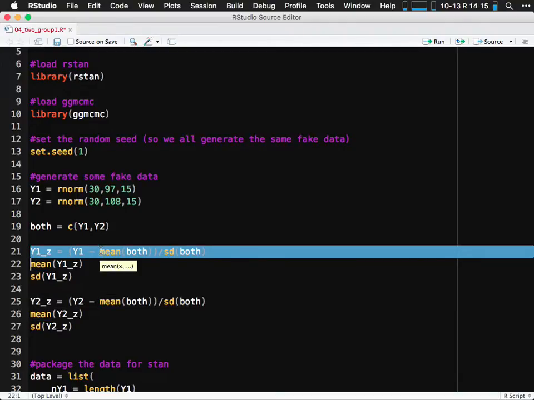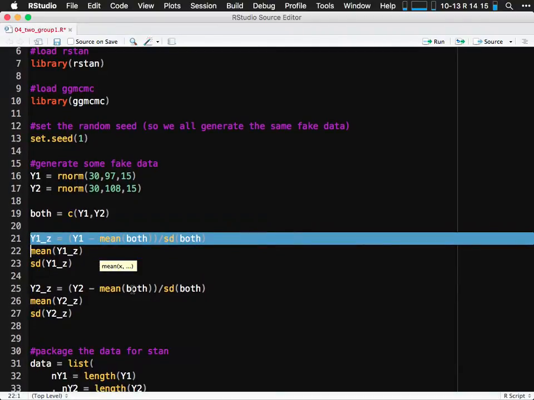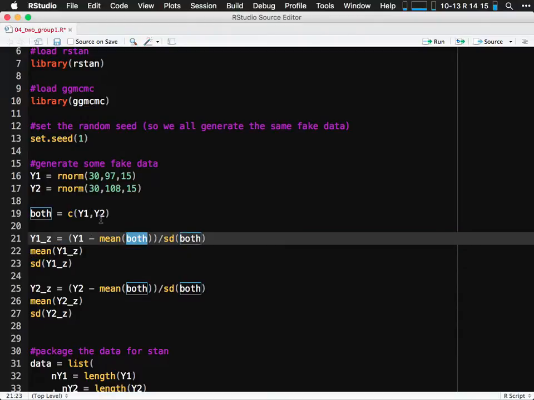Could you also just have done the both at the end and said both y1z, y2z? No, because we need to get the mean of both groups and the variability of both groups together there.